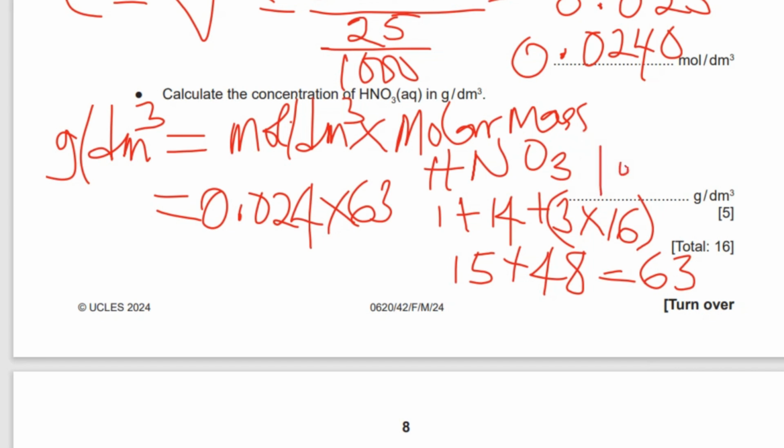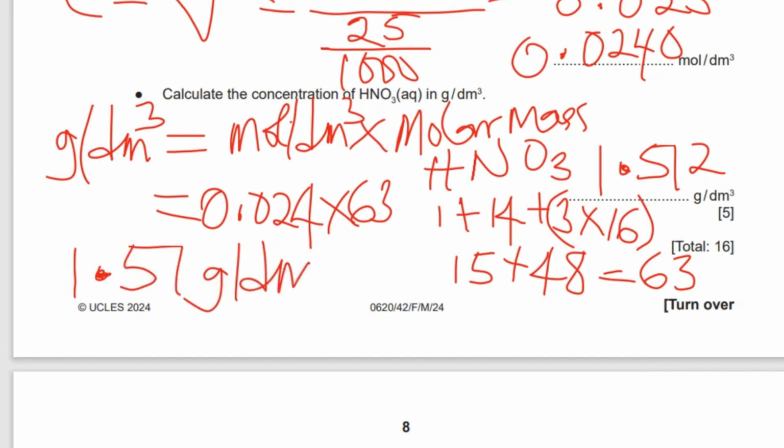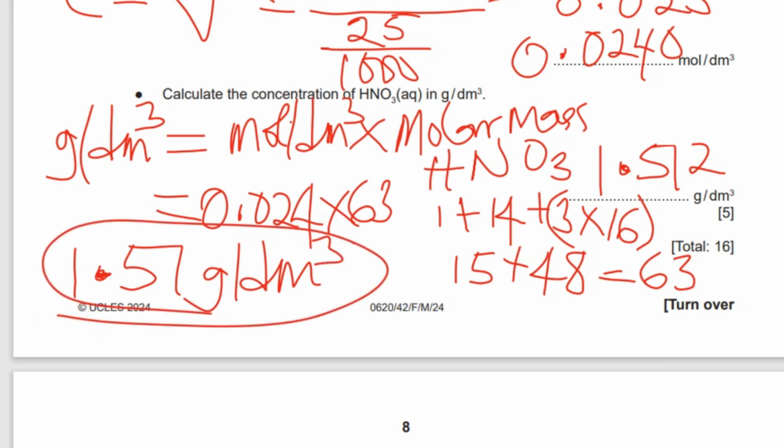Your final answer is 1.512 gram per dm³. You could just round up to 3 significant figures to get 1.51 gram per dm³. Okay, so the final answer.